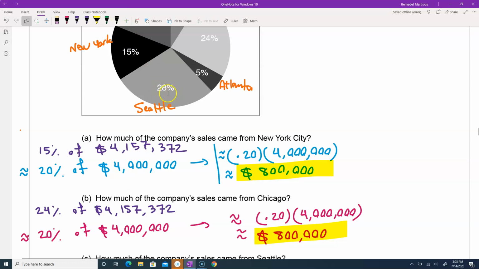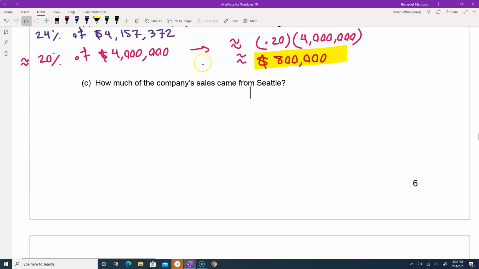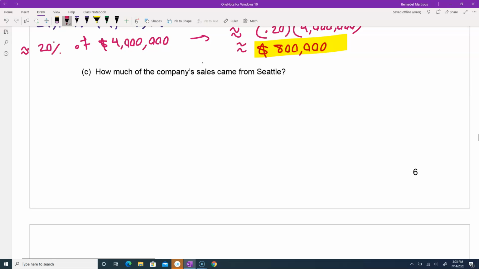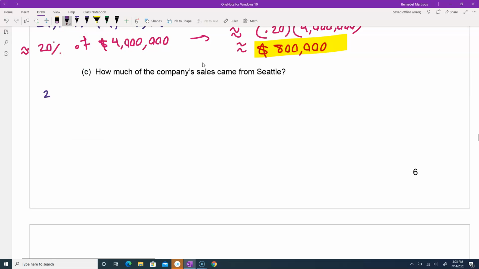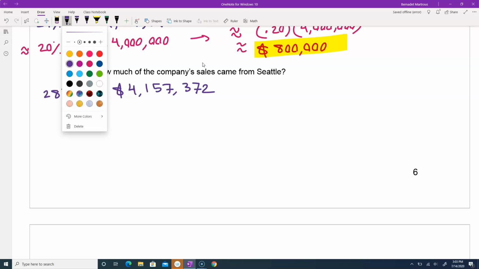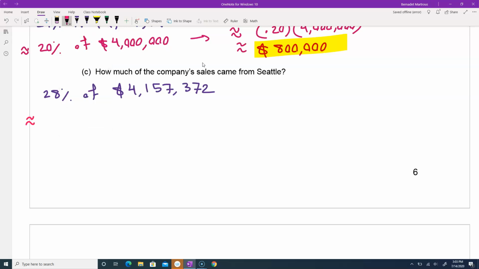And for that part, we have 28%. The 28% of... Again, same method. Rounding.